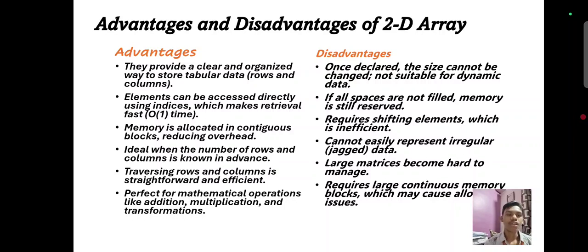Memory is allocated in continuous blocks, reducing overhead. Ideal when the number of rows and columns is known in advance. Traversing rows and columns is straightforward and efficient. Perfect for mathematical operations like addition, multiplication, transformations.